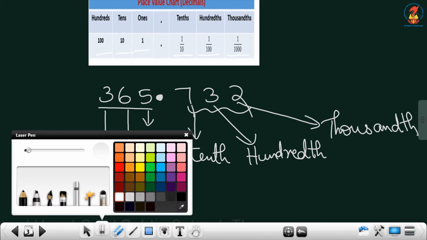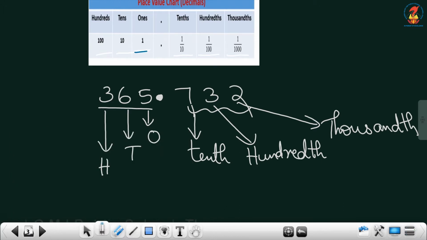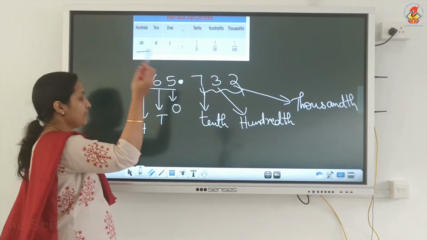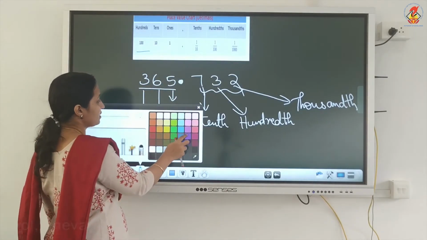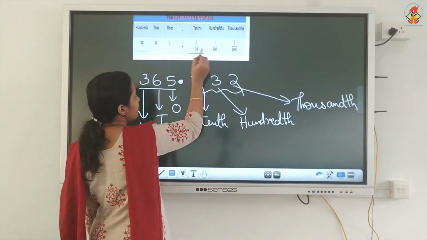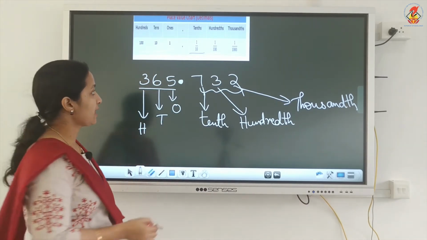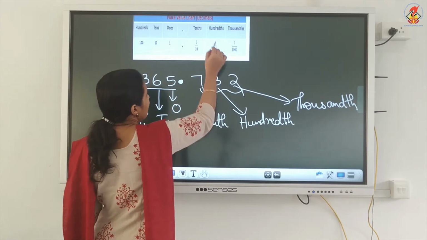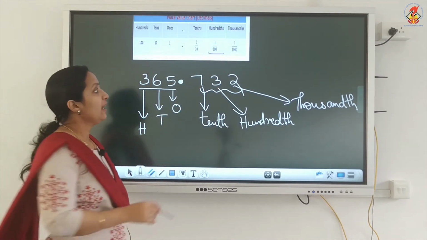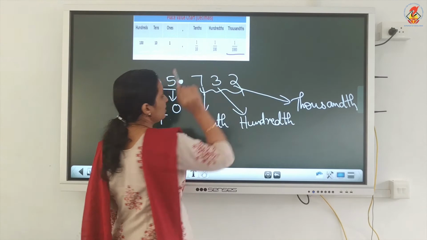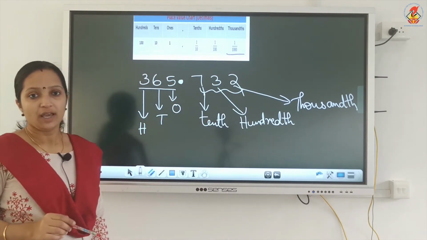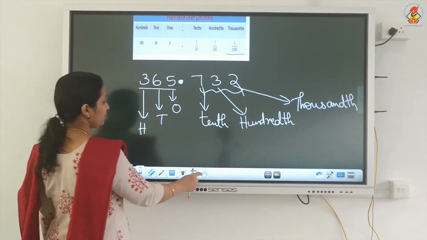In the decimal part, the first place is 1 by 10, which we read as tenths. The second place is 1 by 100, and the third place is 1 by 1000. I hope it's clear for you.